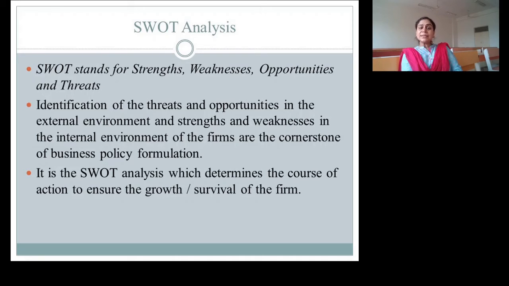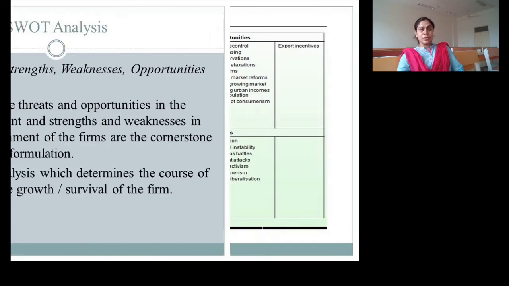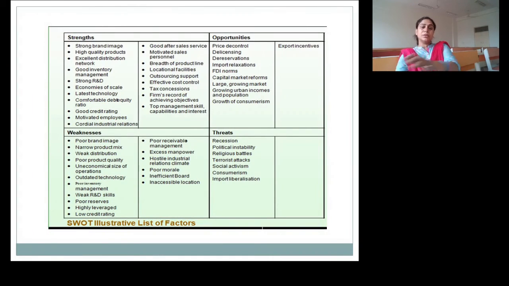It is the SWOT analysis only that determines the course of action in order to ensure the growth, diversification, expansion, or the finishing off of the organization. This picture lists several factors, like the strengths of a company.